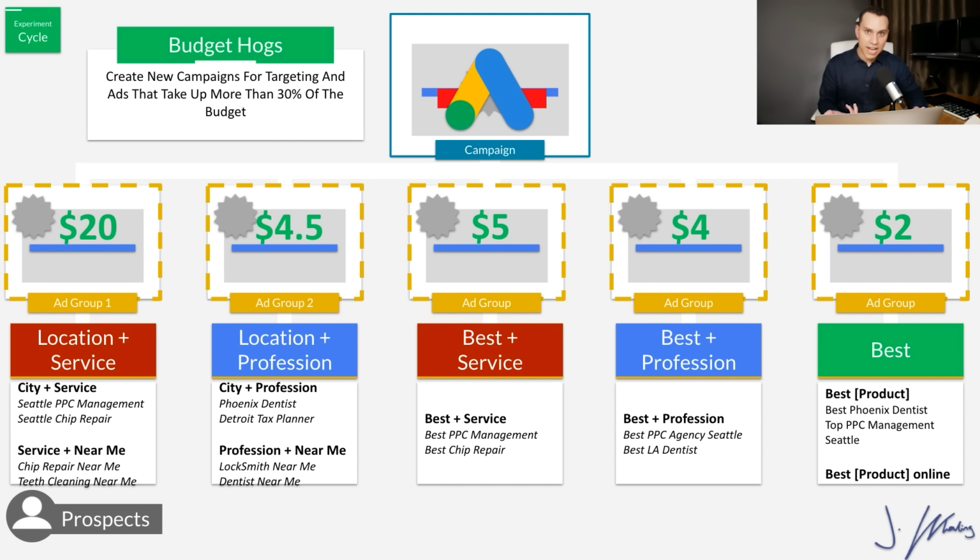Well, that's a big red flag because you have an ad group that is essentially stealing all of your budget from the other ad groups. And what that means is you aren't getting an even distribution of your spend. And so you don't really know what's working because one ad group is sucking up all of that money.